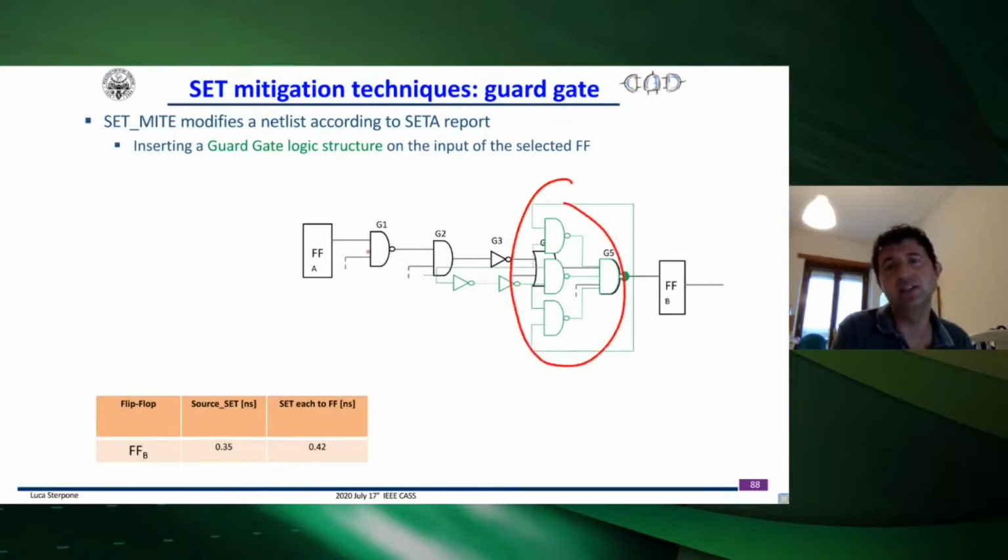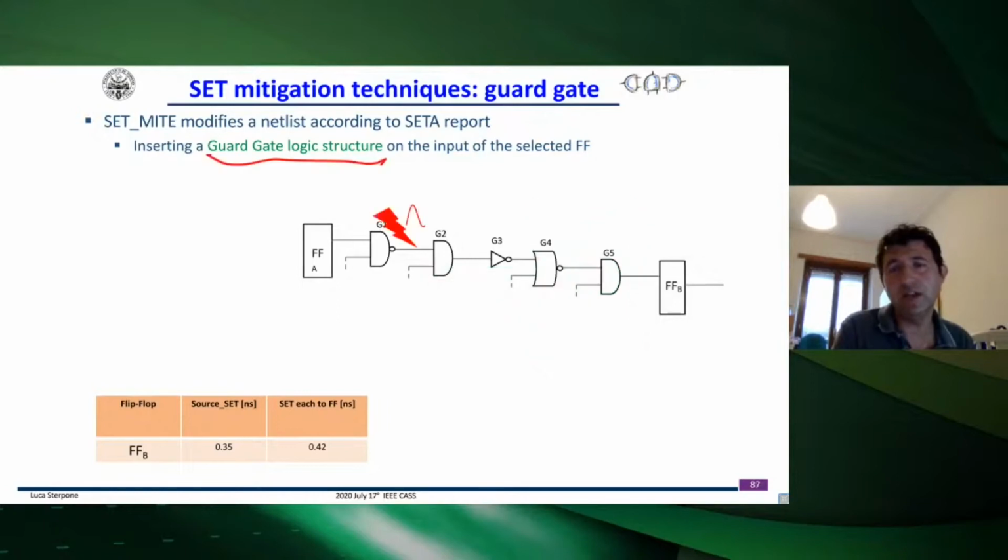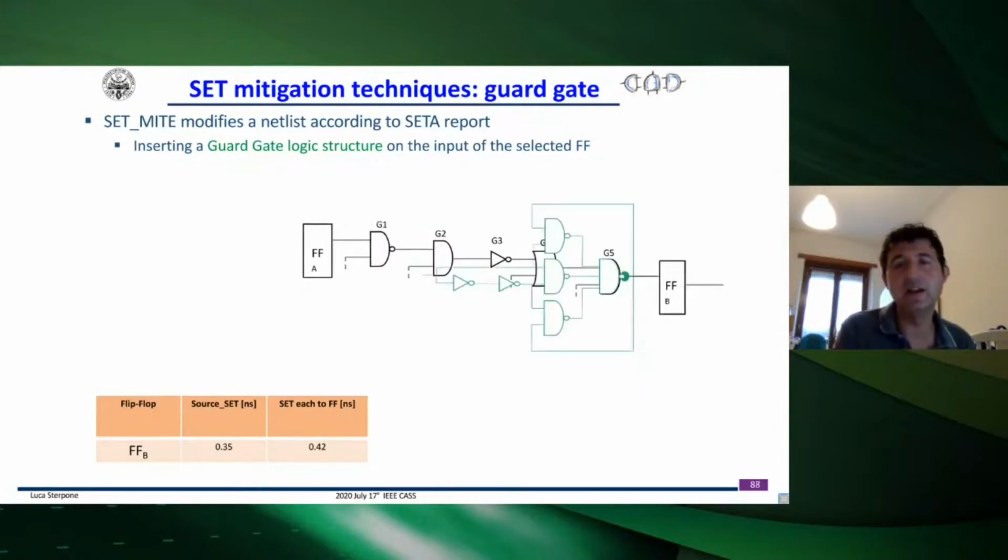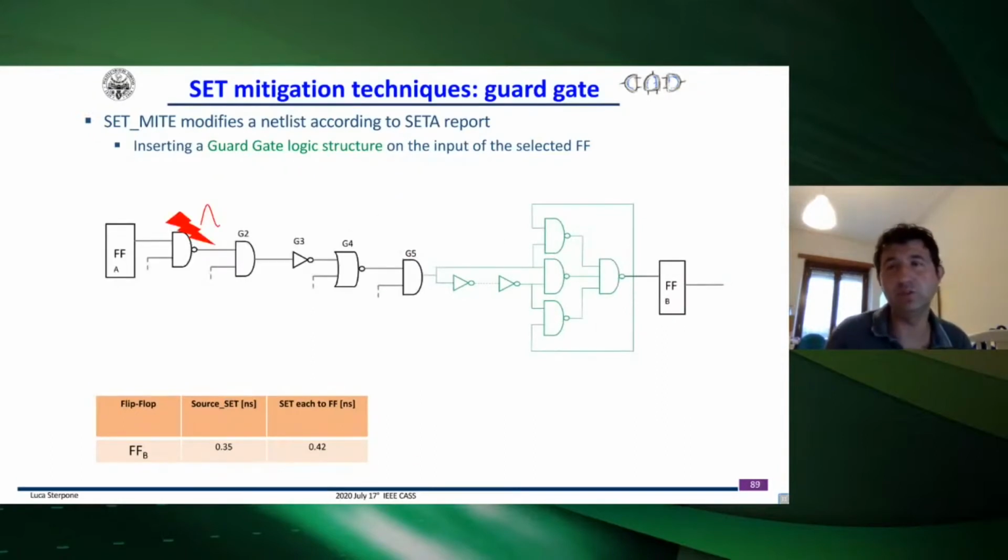Here there is just an overlap of the animation that does not show you exactly what is going to happen. But this green shape that is illustrated here, so the Q inverters and the other guard gate structure, should actually be included in this position here. Here you need to put the guard gate, or GG, as it is called, because you need to filter not between the gates, but at the input of the flip-flop.